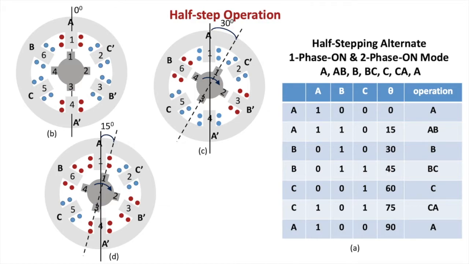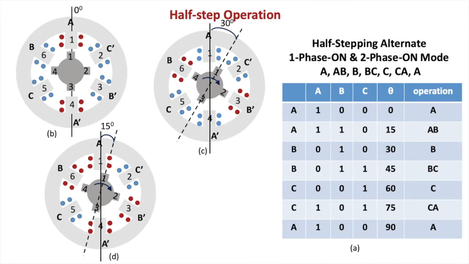Now because we energize A and B both, the alignment is in between A and B, and therefore the motor will have a step rotation of only 15 degrees. It won't be aligned to either phase A or B, but it will be in between phase A and B, and therefore we get an intermediate position at 15 degrees.